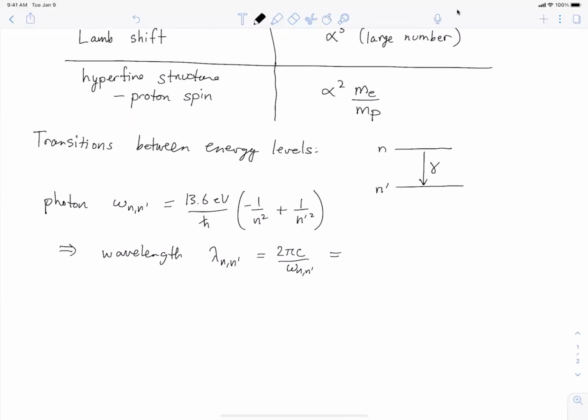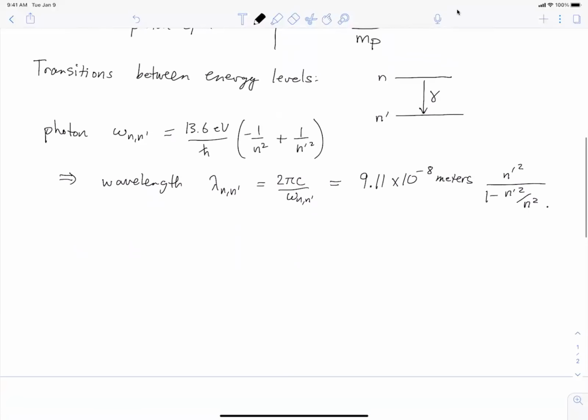You can rewrite this by putting in the numbers as 9.11 times 10 to the minus 8 meters times n prime squared over 1 minus n prime squared over n squared. The way people usually think about this is you fix the final state, and then you ask what happens for various different initial states.